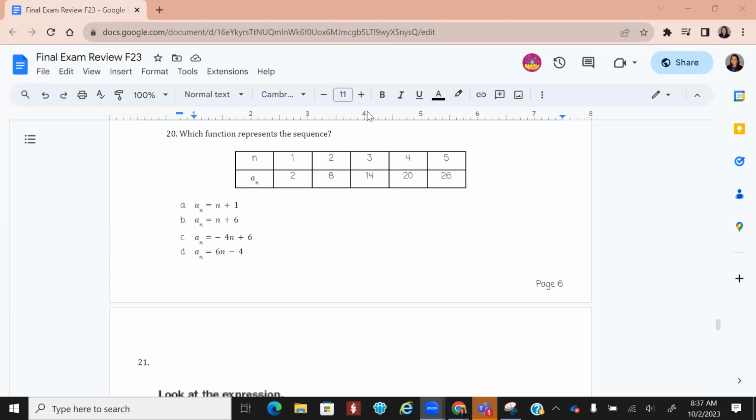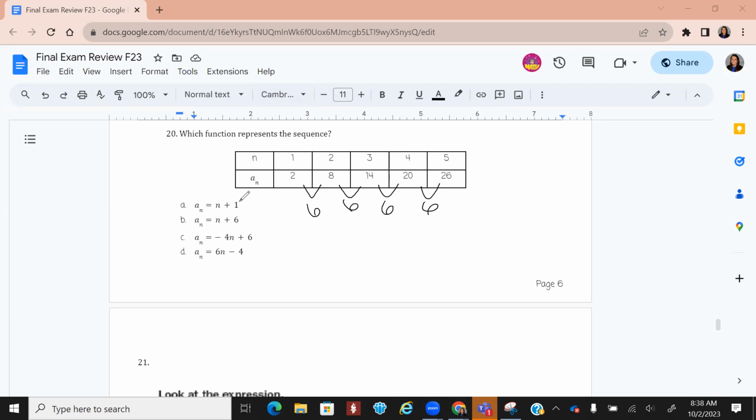Which function represents the sequence? So on here, what is it going up by each time? 6, right? What does it start with initially? 1. So when we plug in 1, we should get 2. When we plug in 2, we should get 8. Let's try it. If we plug 1 in here, we get 2.